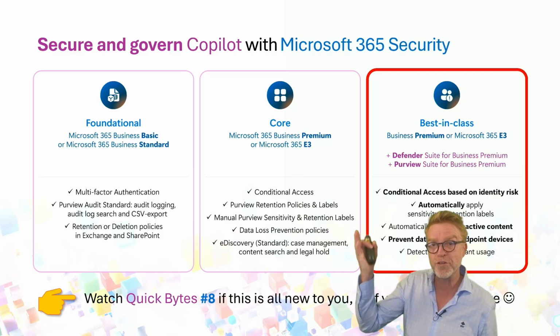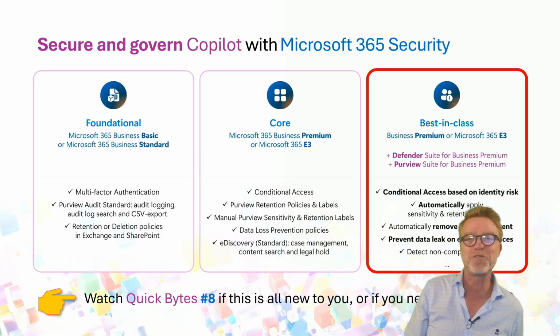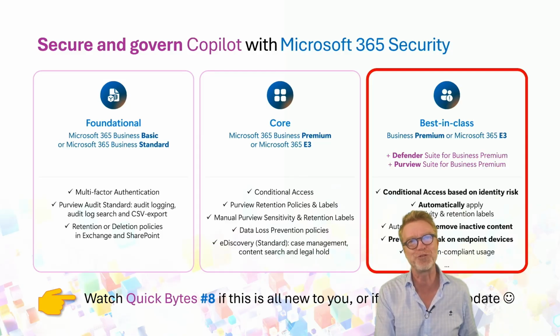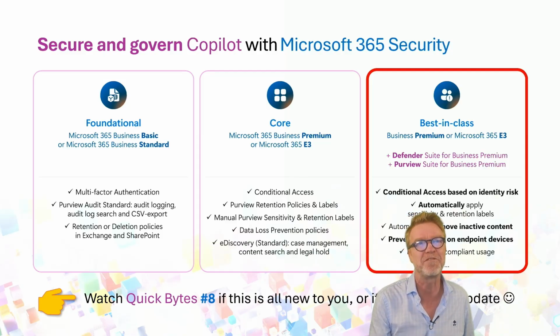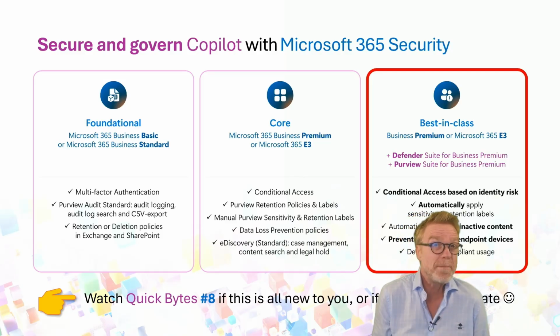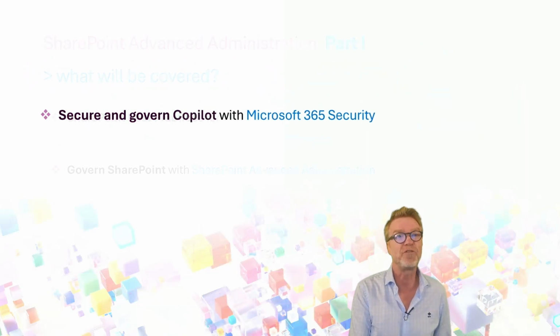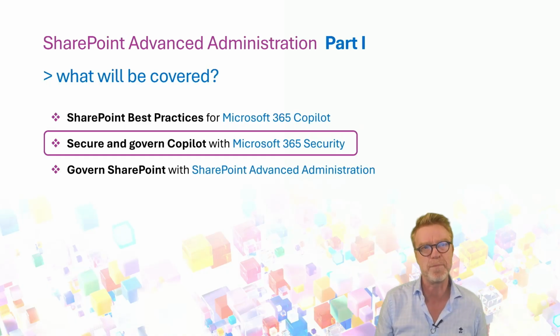And you have all the other things that are part of Defender and Purview that will help you to protect and to govern your data in a very sound way. And that is of course the foundation that you need to have in place.